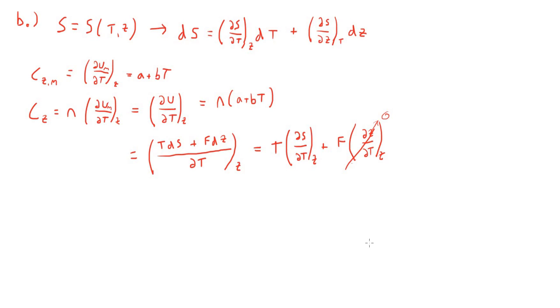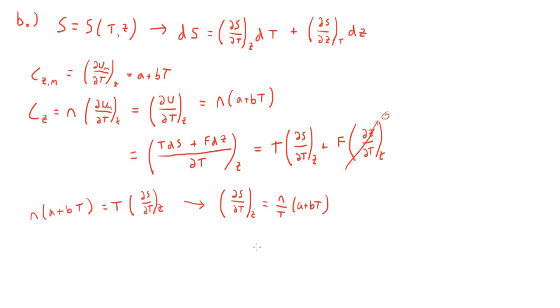So what we're left with is this. Now if I divide this T over to the other side, we can get this expression of dS over dT at constant Z explicitly. So this final expression for dS/dT at constant Z can be plugged in up here once we figure out the rest of this expression.